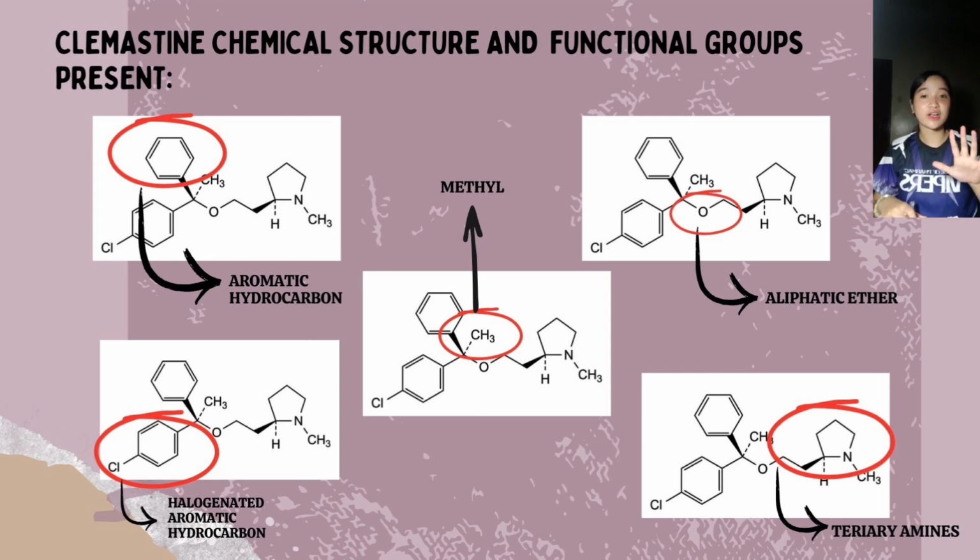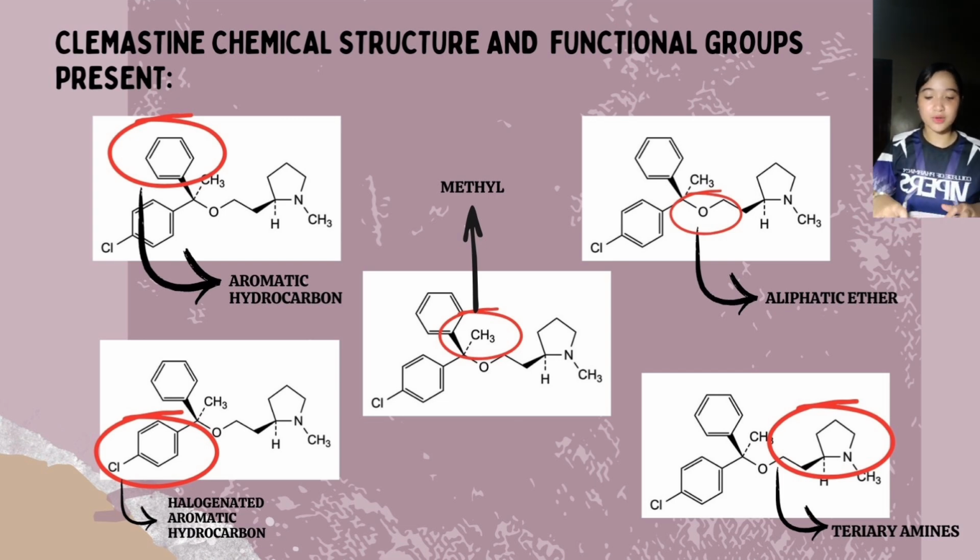There are 5 functional groups present in the clemastine drug. These are the aromatic hydrocarbon, which is the benzene ring attached in the slide. Second is the halogenated aromatic hydrocarbon, which is the chlorobenzene ring group, the benzene ring with the Cl attachment.